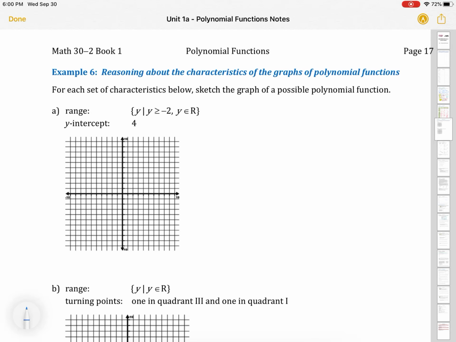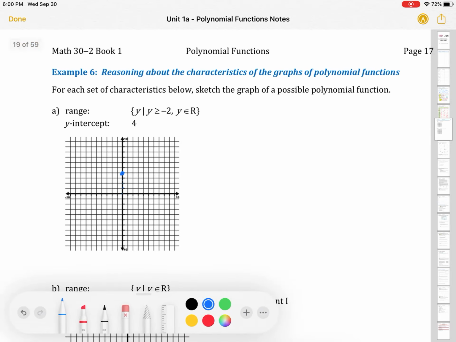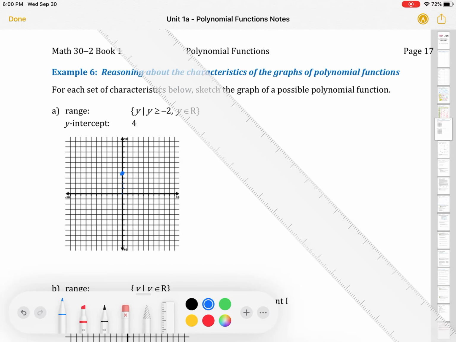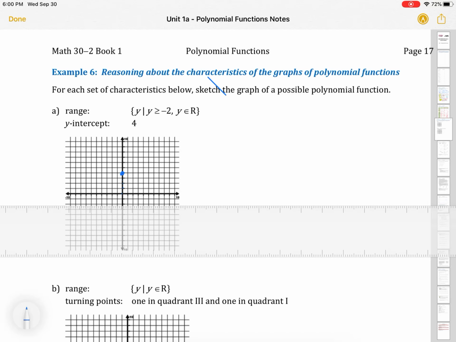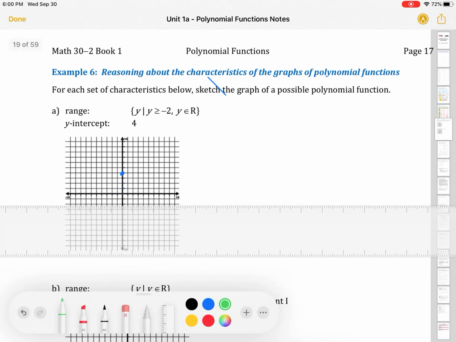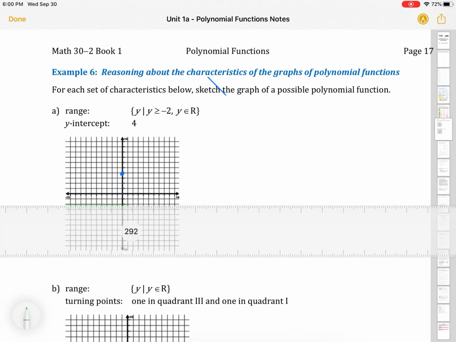We know that y has got to be greater than -2 for the range, and the y-intercept is 4. So we know that that means there's a point at 1, 2, 3, 4 right there. Now, y has to be greater than -2, so that means that if we sketch in a line at -2, y cannot go below that, right?